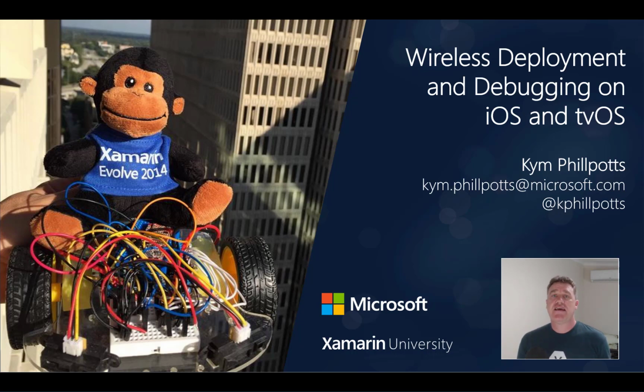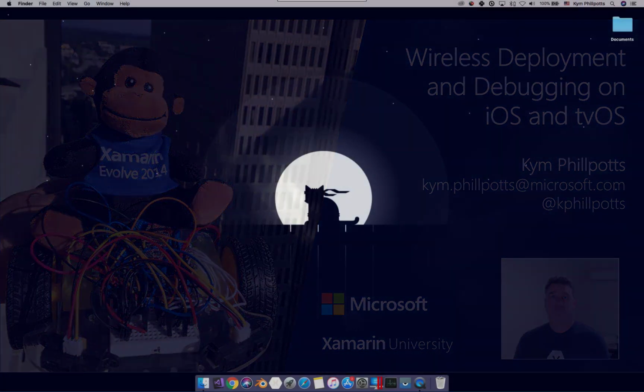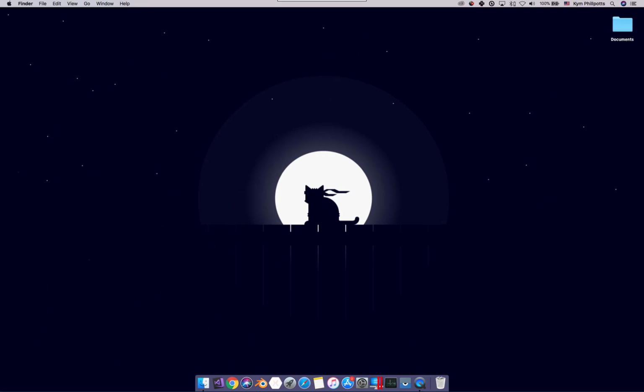The very first step is to pair up your devices with Xcode on the Mac. So let's flick over to the Mac and have a look at the process for both iOS and tvOS. You should only have to do this pairing process once, but the first thing we need to do is launch up Xcode.